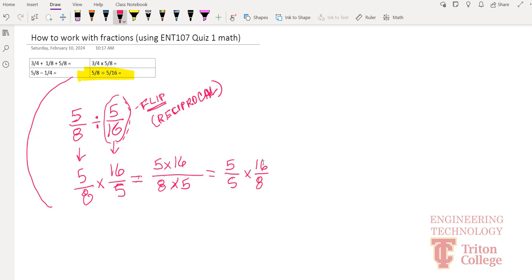Okay, now you quickly see 5 over 5 just becomes 1, because 5 divided by 5 is 1. And now you see the 16 divided by 8. And if we want to take the longhand approach, 16 divided by 8 is 2, because 8 times 2 is 16 with no remainder. So that is why the answer is 2 inches.